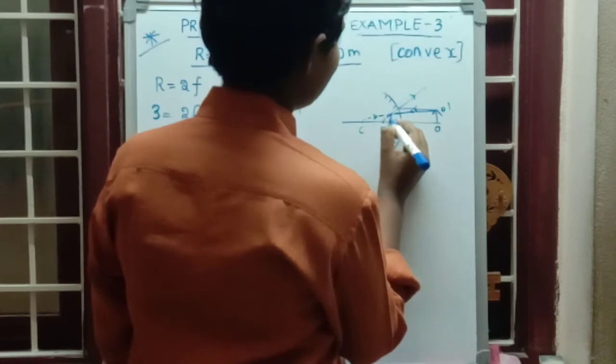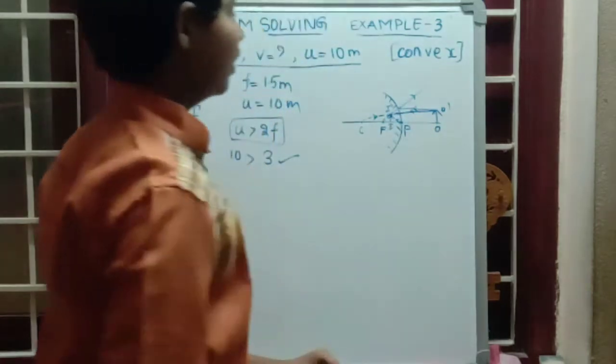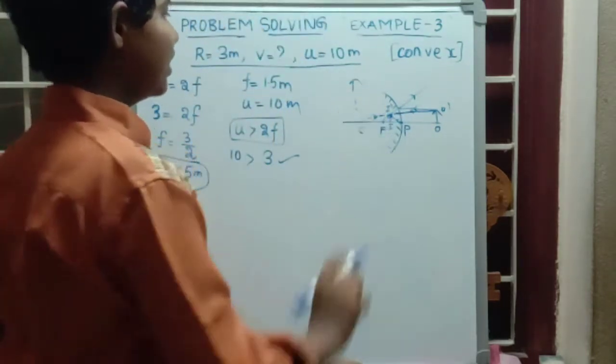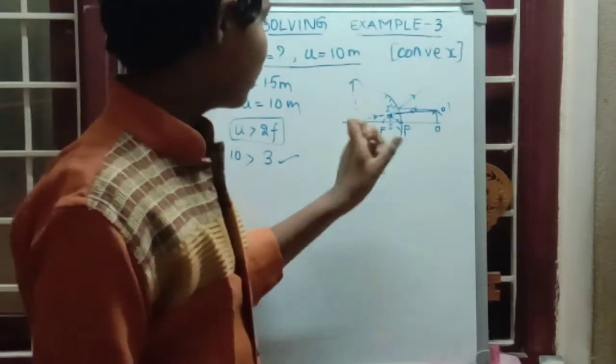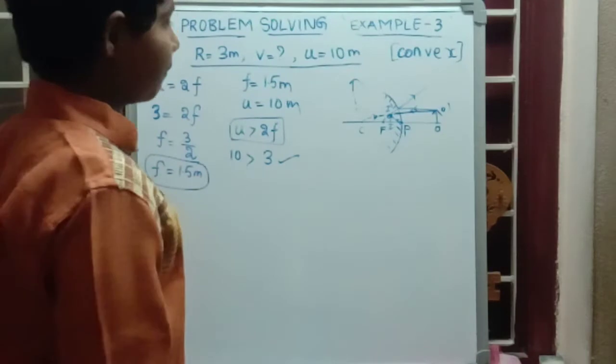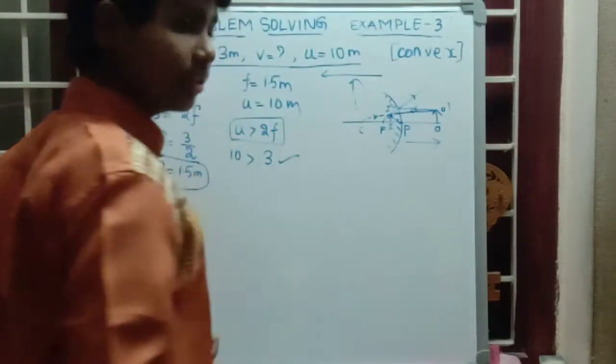Both rays intersect at the image I dash. This indication shows virtual and erect for the image. The image forms between F and P. Sign convention goes like this, and the object distance is like this.